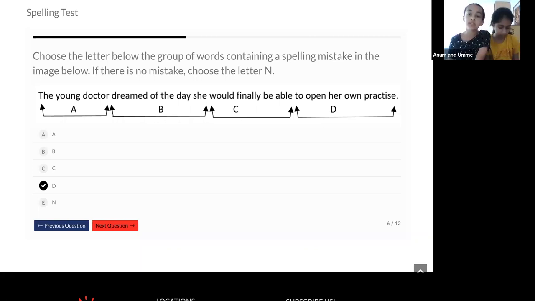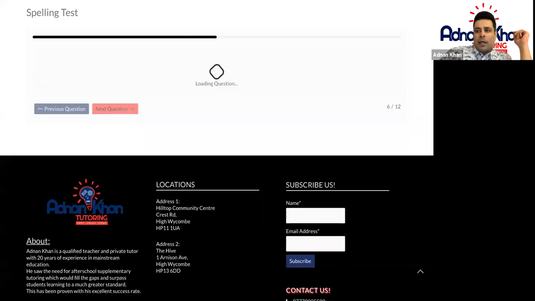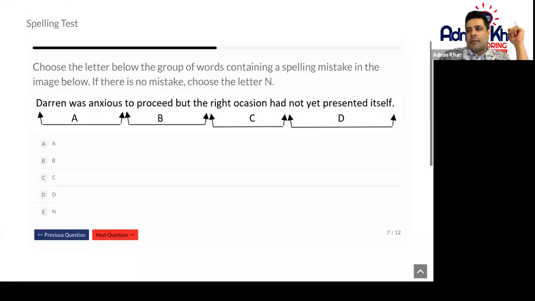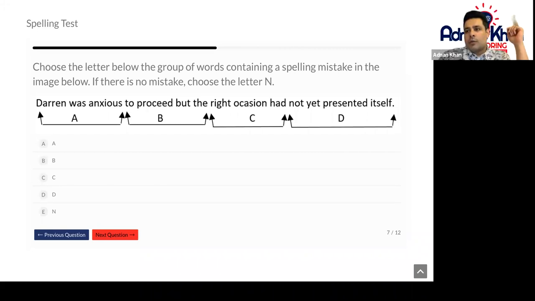It's the one that's supposed to have a C. That's correct. So, for example, a dental practice or a doctor's practice or an optician's practice is spelled with a C, whereas right now we're doing 11 plus practice, and 11 plus practice is spelled with SE at the end. So D is correct. Well done, girls. Thank you so much. And let's go to question number 7, and let's go to Zarina for this one.